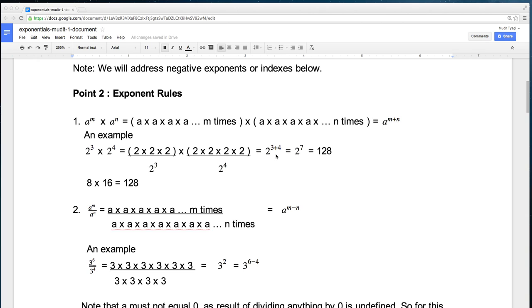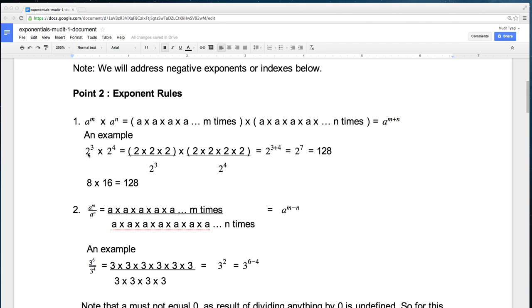Well, this gives us confidence that the rule that we wrote up here, that a to the m times a to the n is equal to a to the m plus n, works out, as you can see from this numerical example. So 2 to the 3 times 2 to the 4 is in fact 2 to the power of 3 plus 4, which is 2 to the 7, which happens to be 128.